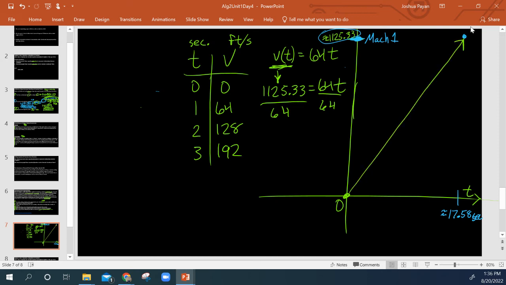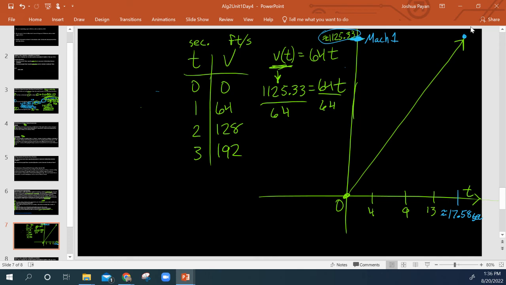If I drew this to scale, that's about 17. So halfway, that's about 9 seconds. We'll say 9 seconds is right there. And then this is about 4 seconds. This would be about 13 seconds.